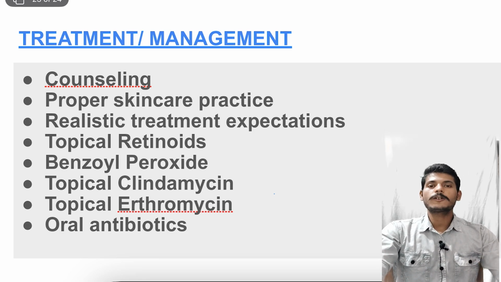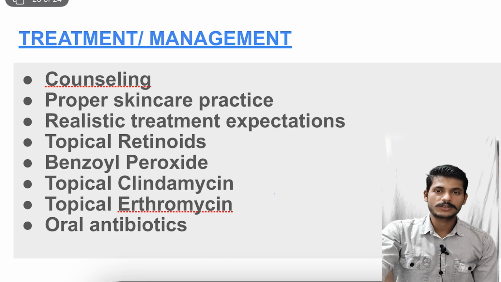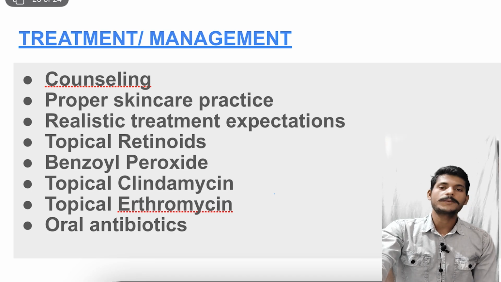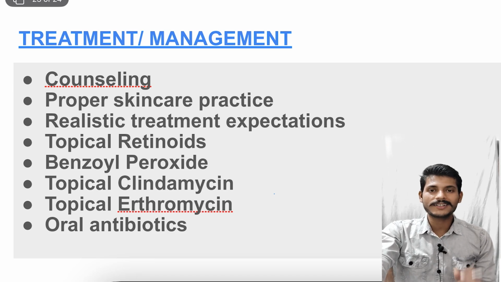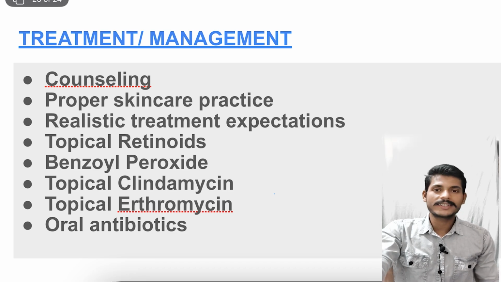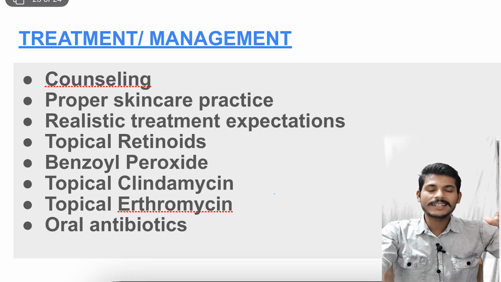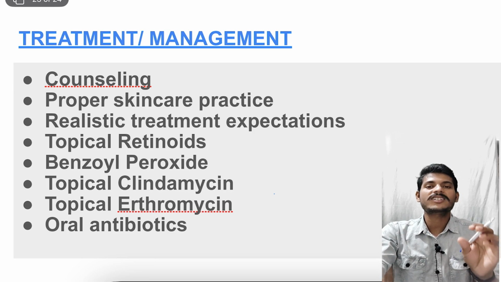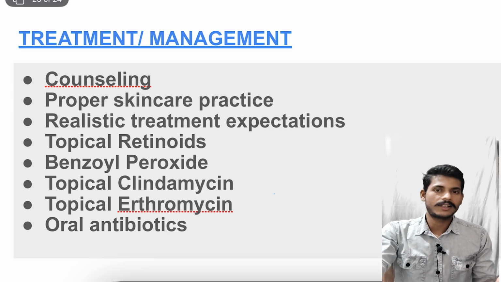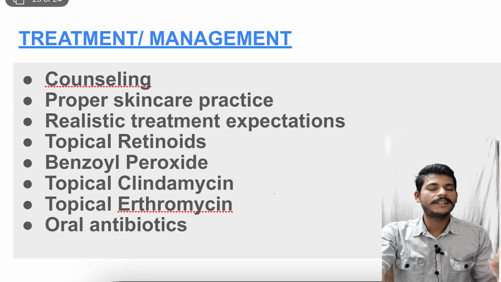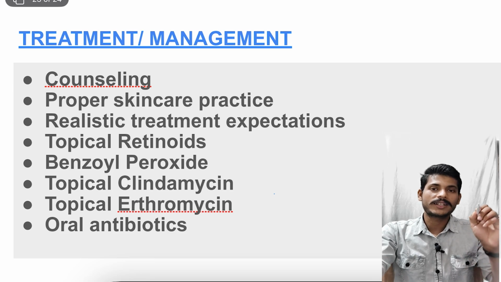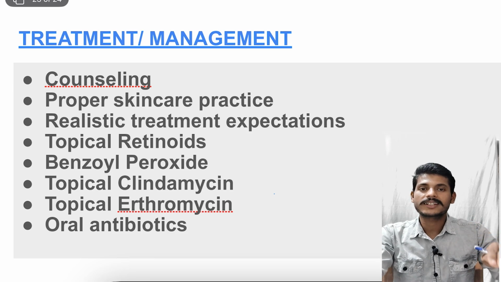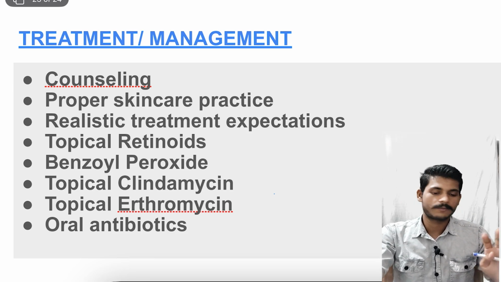Then there is the use of certain topical medications, which means applying over the skin. There are vitamin A derivatives called retinoids. Retinoids bind to the sebaceous gland and disrupt its growth, so the gland secretes less sebum, even though androgen stimulates it.